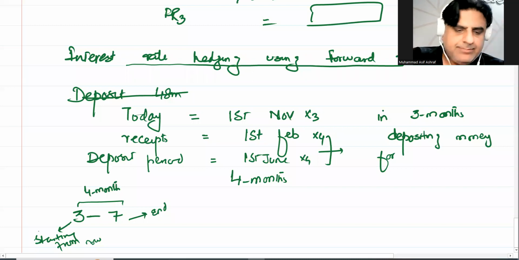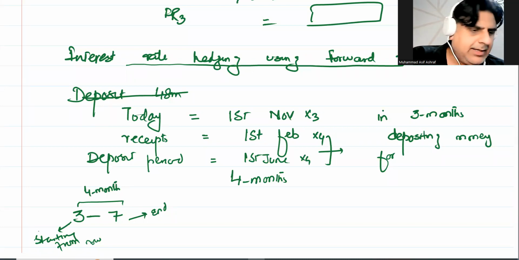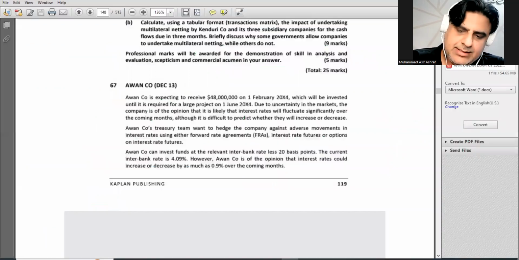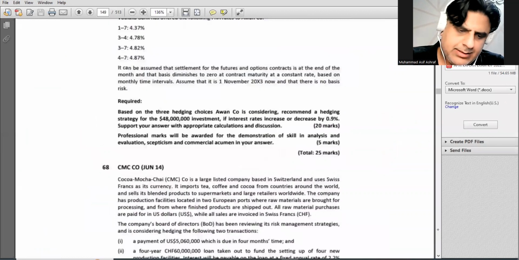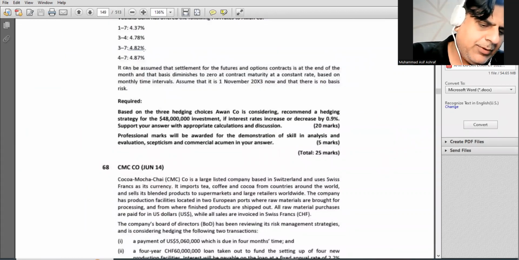Okay, there. So let's see what are the rates. 3-7, 4.82% FRA is given.